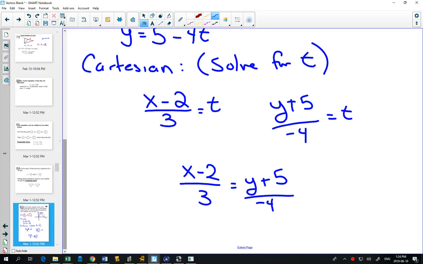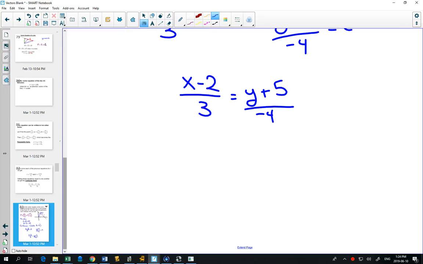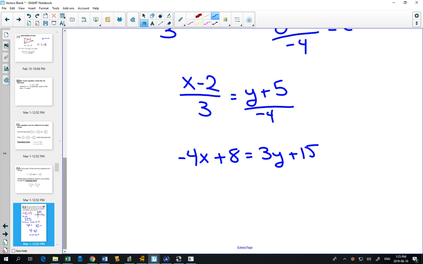And what's fascinating about the Cartesian form is you could simplify this. For example, if I multiplied both sides by 3 and multiplied both sides by negative 4, I would get negative 4x plus 8 equals 3y plus 15. If I move things around to get y by itself, I would have 3y is equal to negative 4x minus 7.